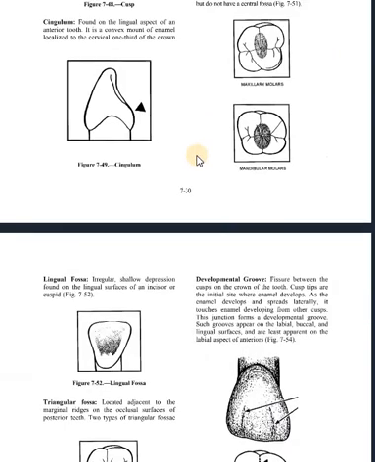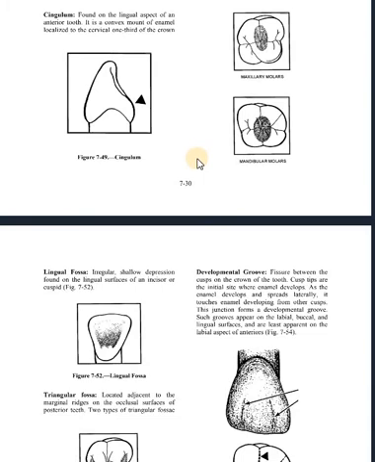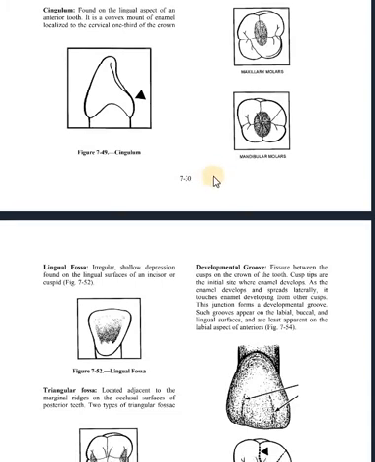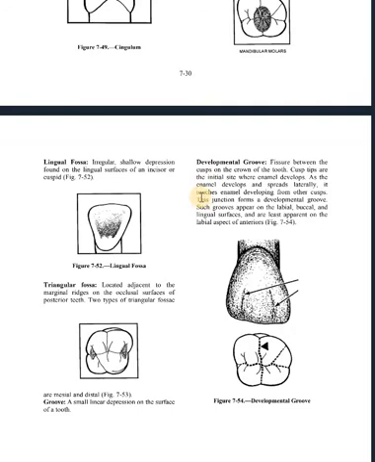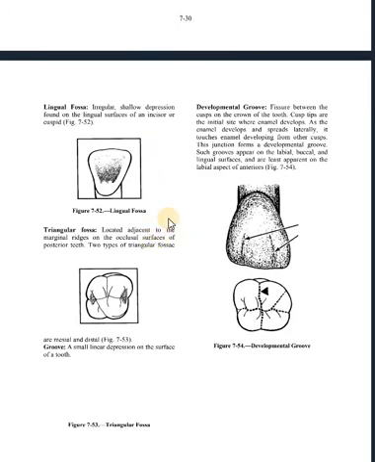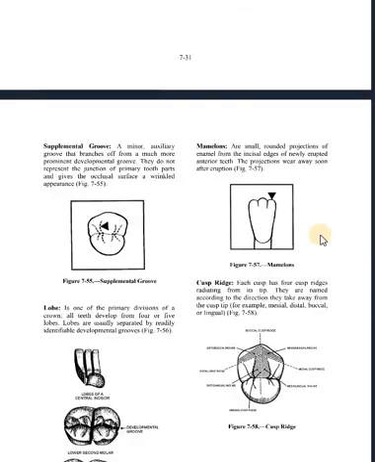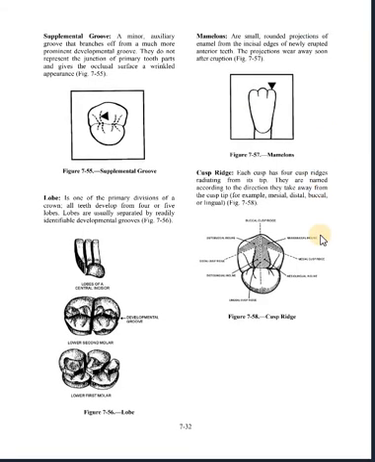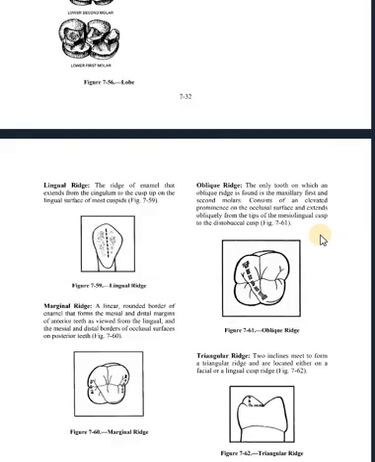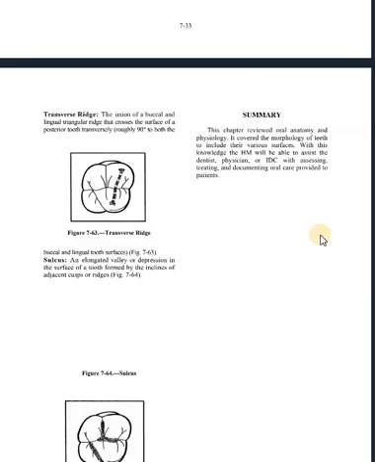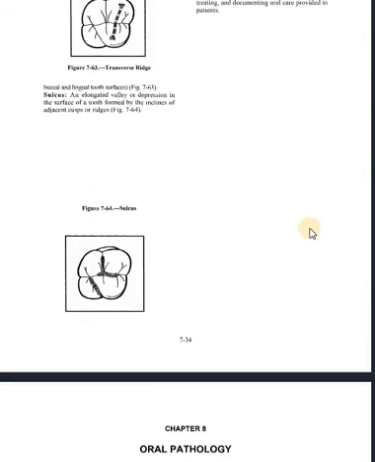The central fossa is the one in the middle. Lingual fossa is that shallow depression on the inside of your front teeth. Then again, all the different fossas and grooves. A lot of this stuff sounds like what it is. Yeah, and boom, that's it.